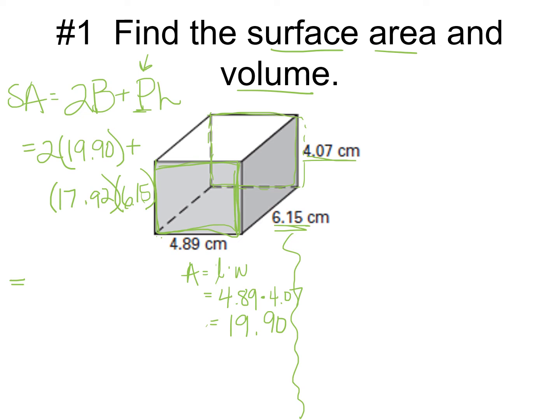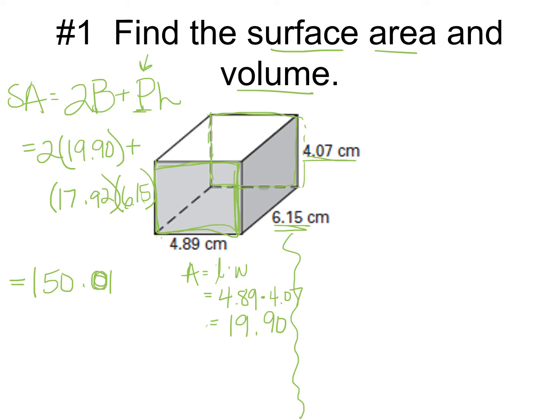So I can type in 2, left parenthesis, 19.90, right parenthesis, plus left parenthesis, 17.92, right parenthesis, left parenthesis, 6.15, and then close my parenthesis, and get back a surface area of 150.01. And again, let's just use 2 decimal places as we move forward here.